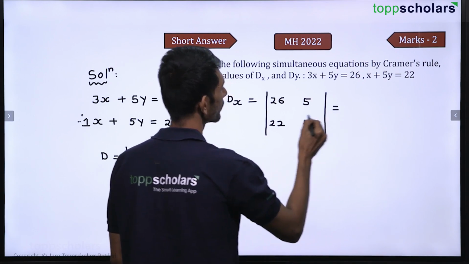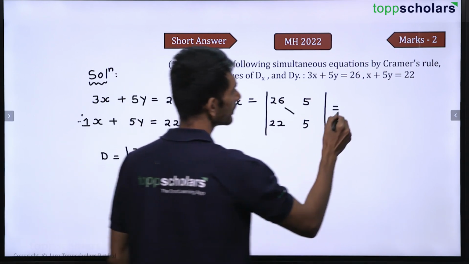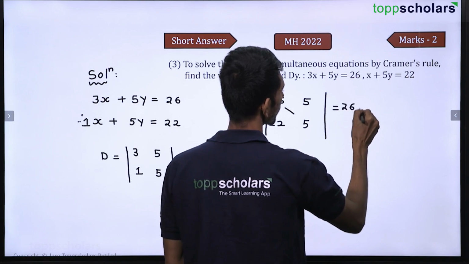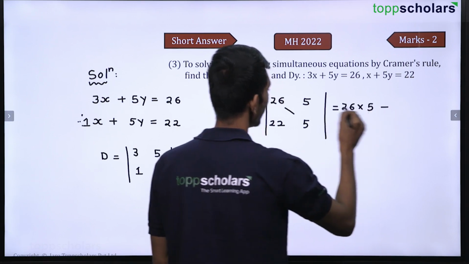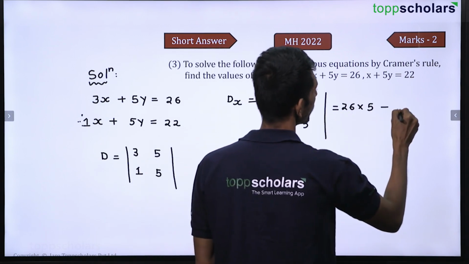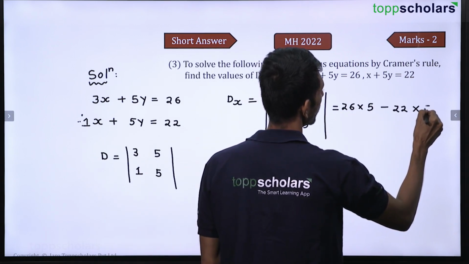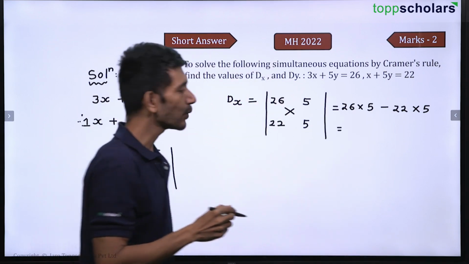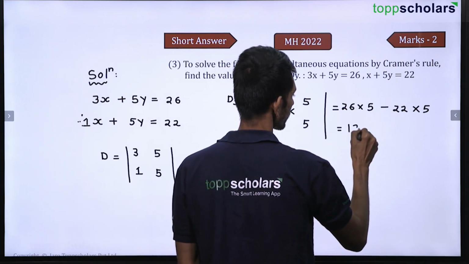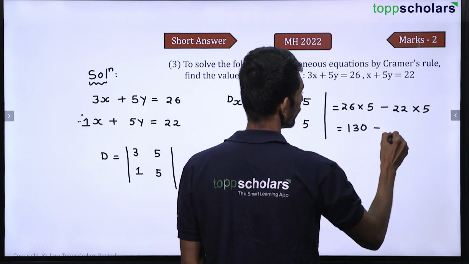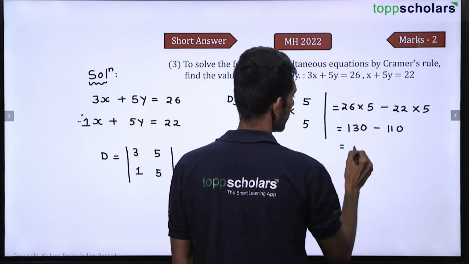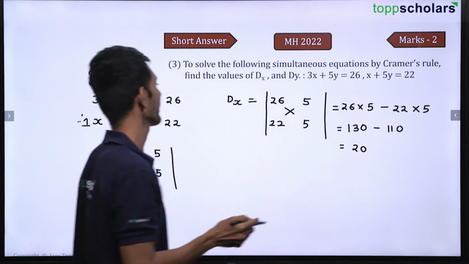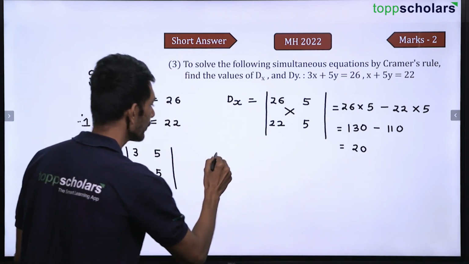And then you can solve this. That is 26 into 5 minus 22 into 5. So 26 into 5 is 130. Minus 22 into 5 is 110. 130 minus 110 is 20. That is dx.